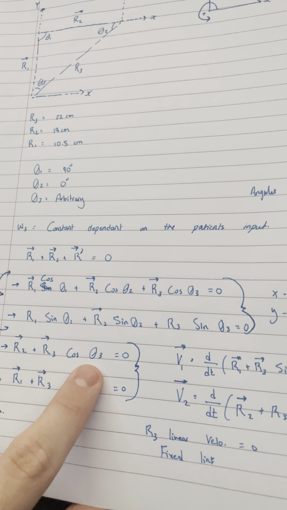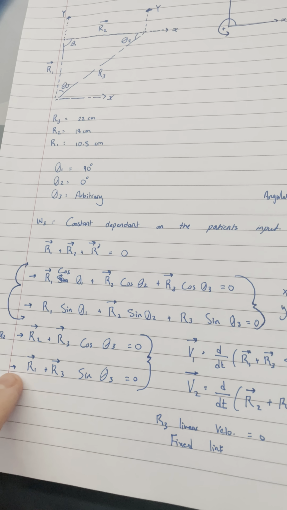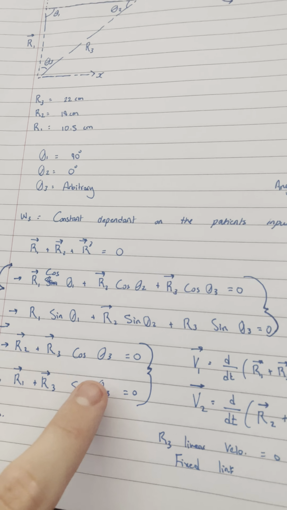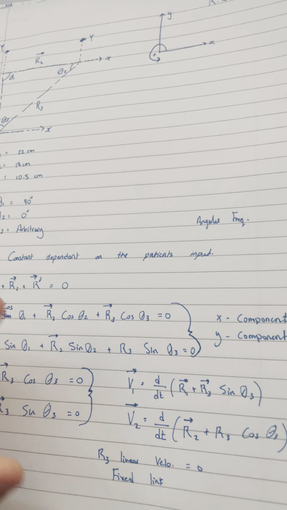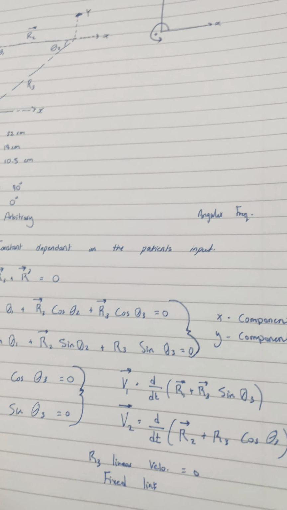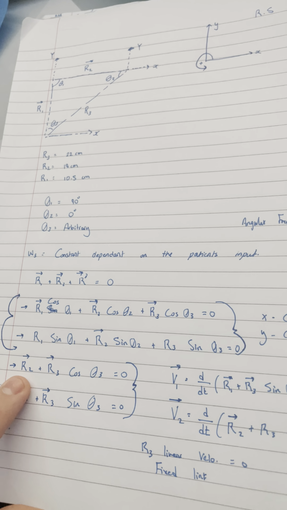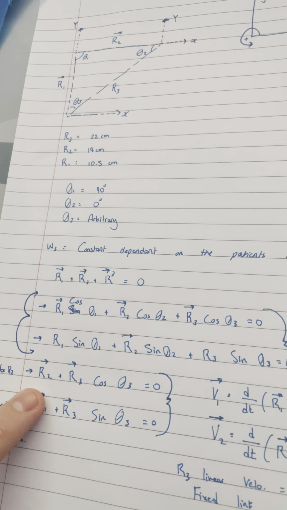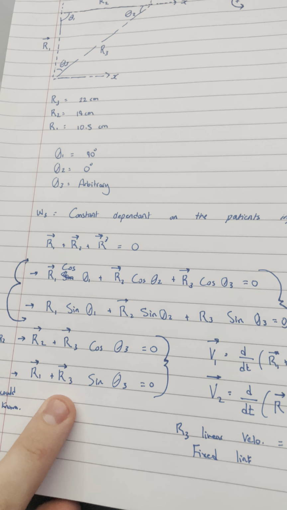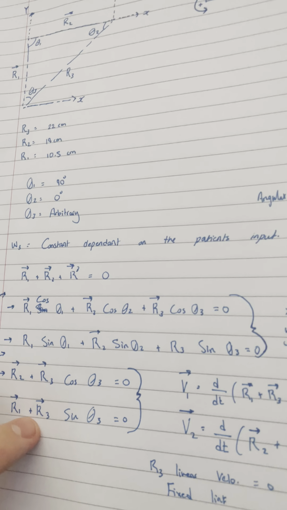We get theta 3 since it's arbitrary. We got these by substituting cosine theta 2, and this is the aftermath. We solve for R2, moving R3 cosine theta to the other side, and we find R2. We don't need the second one because R1 and R3 are already known.